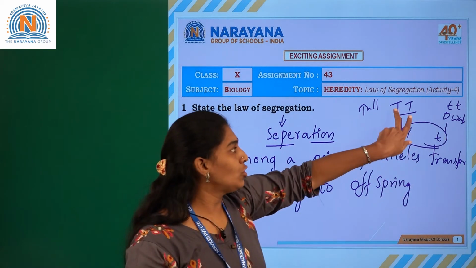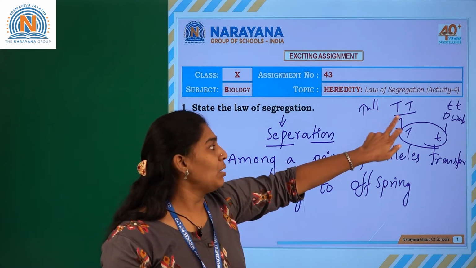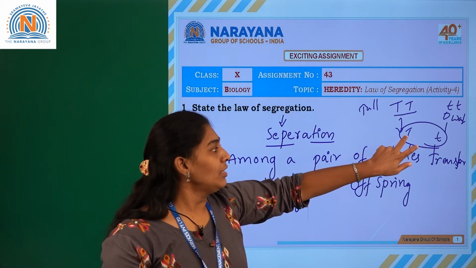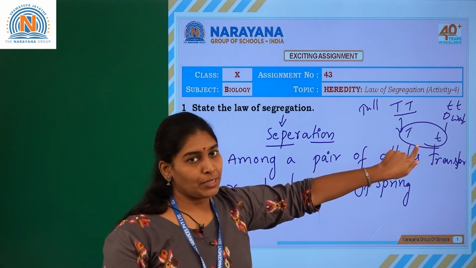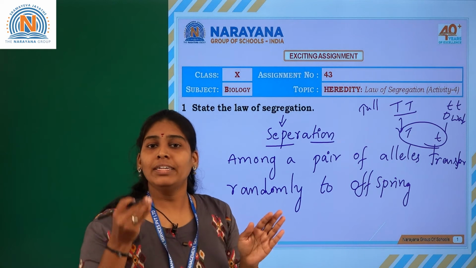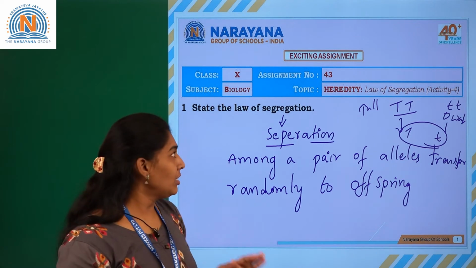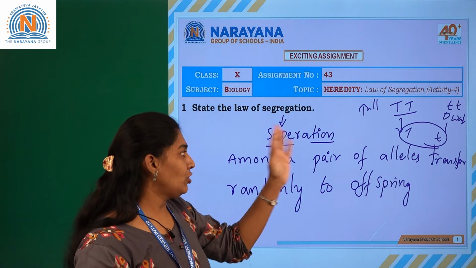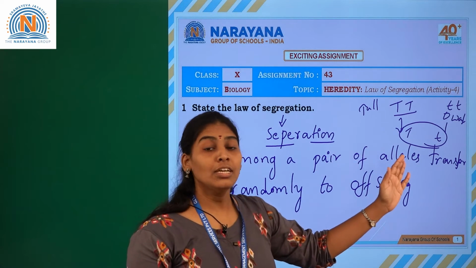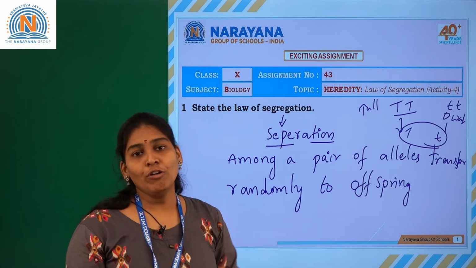Among these two parental alleles, only one will be transferred and expressed, and these two will separate, and only one gamete will pass to the next generation. That is the law of segregation: among a pair of alleles, one is randomly selected as a copy that is transferred to the offspring.